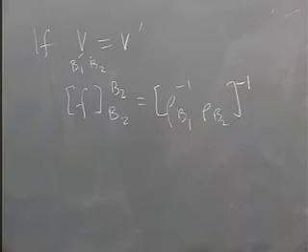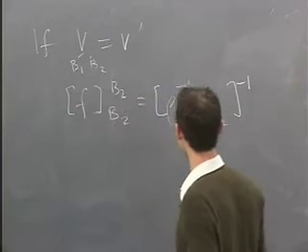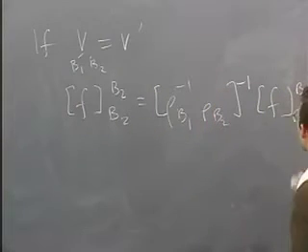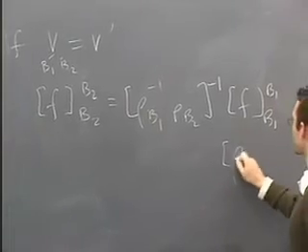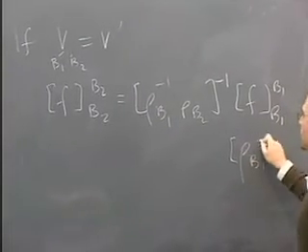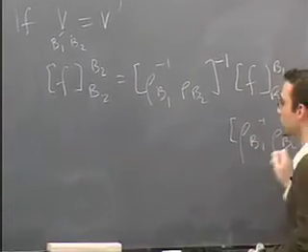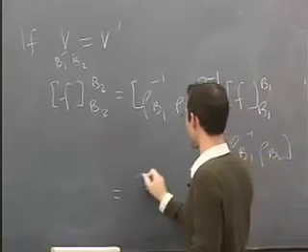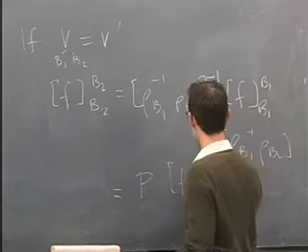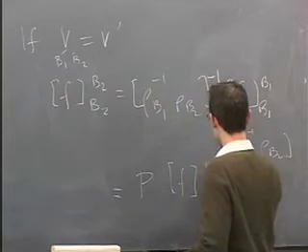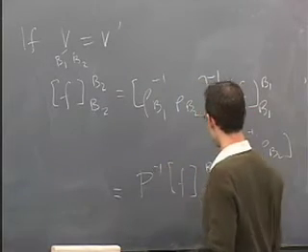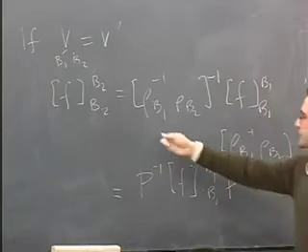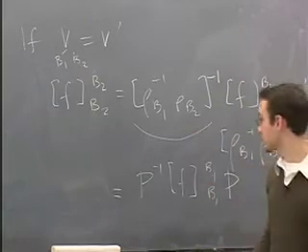And I could remove the primes here because I'm just taking the same vector space, times F with respect to B1 and B1, times row B1 inverse row B2. So this is just the idea of similar matrices. This is something of the form P inverse F B1 B1 P, where P is exactly this change of basis matrix.